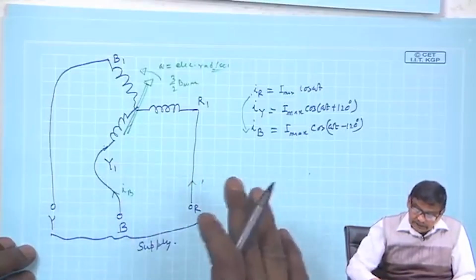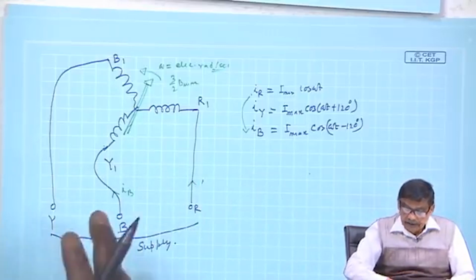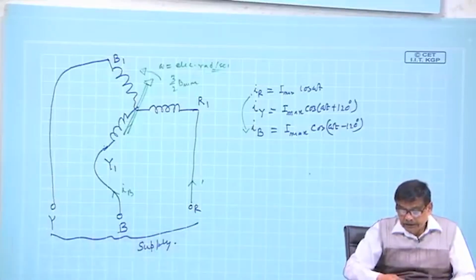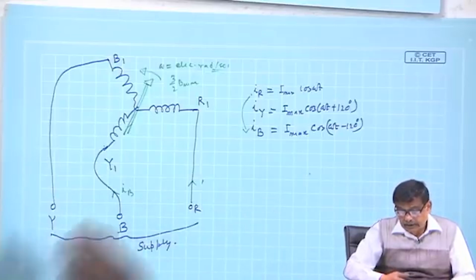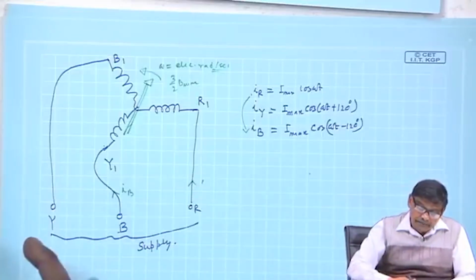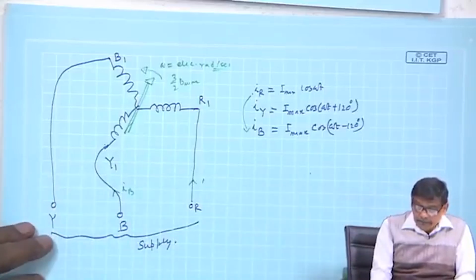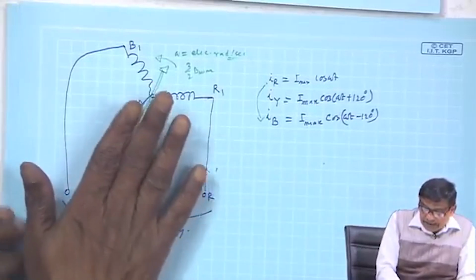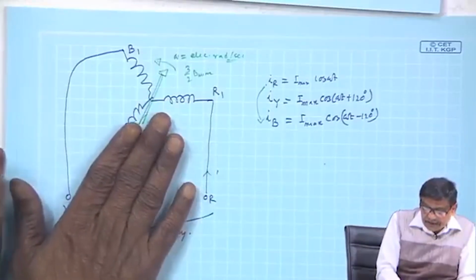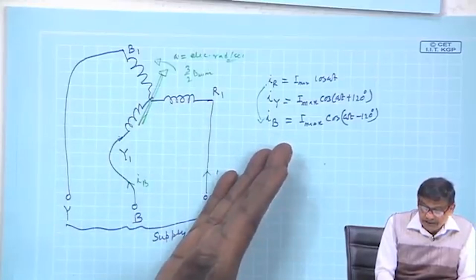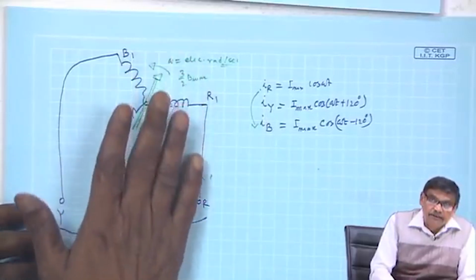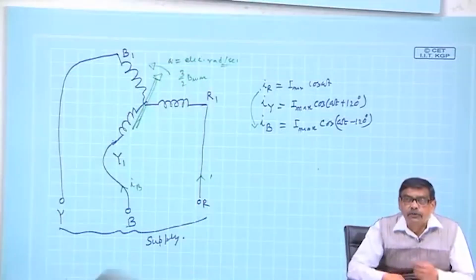So, this actually was first suggested by Nikola Tesla. Before that, it was all DC supply. Then he showed that if a balanced 3 phase winding, the coils are stationary, that is the most important thing, you have been able to produce a rotating magnetic field without mechanically rotating anything.